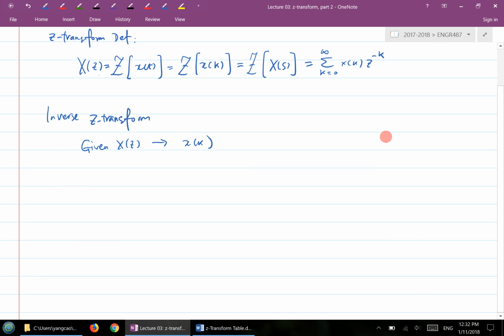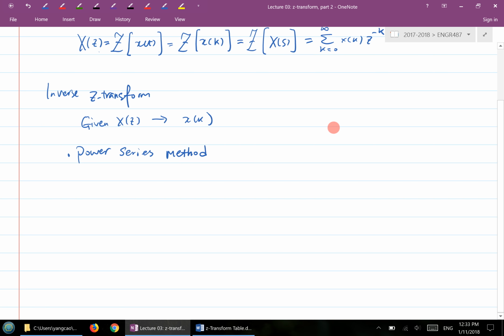First of all, let's look at the first method, the so-called power series method.